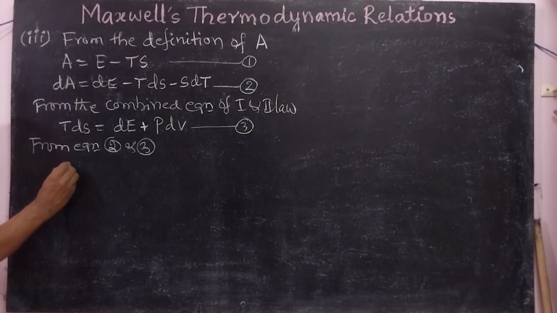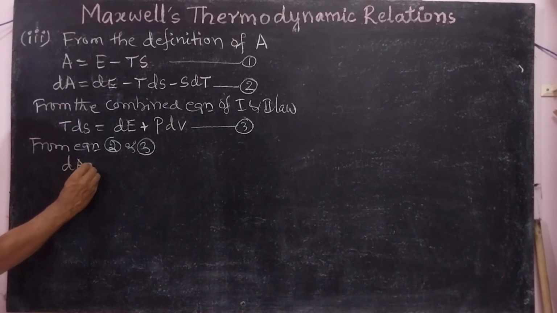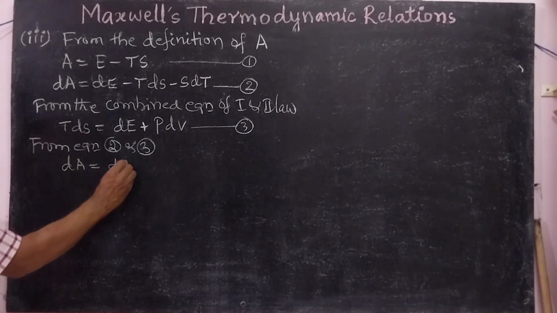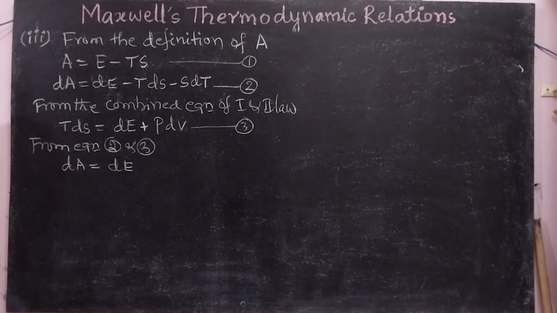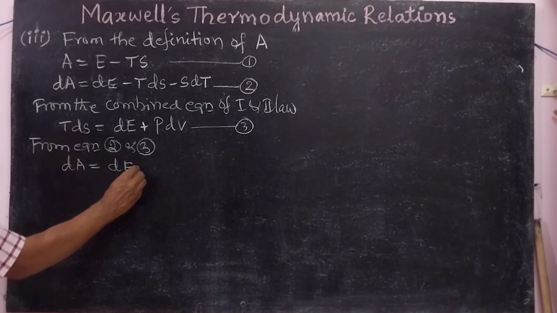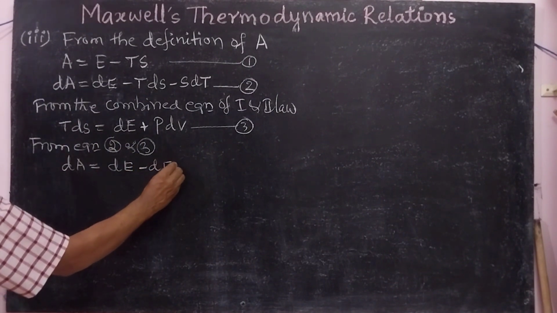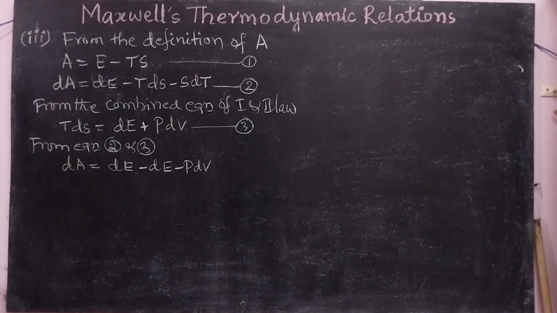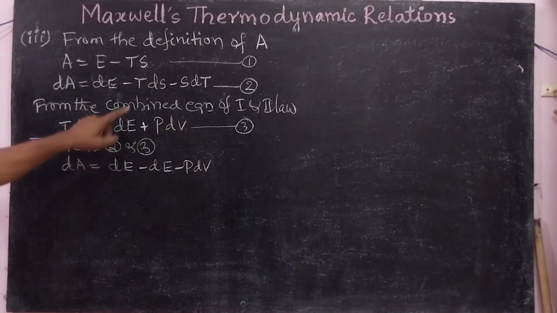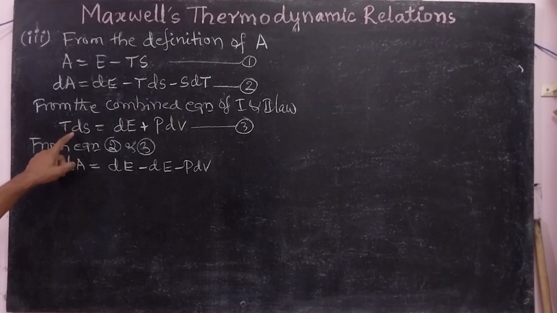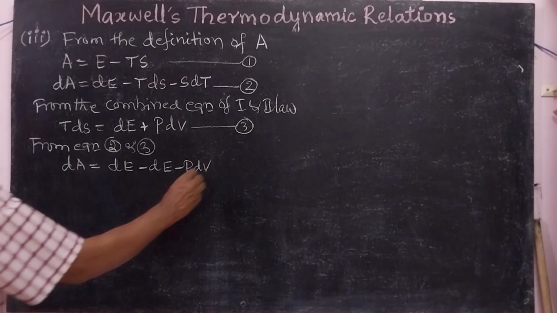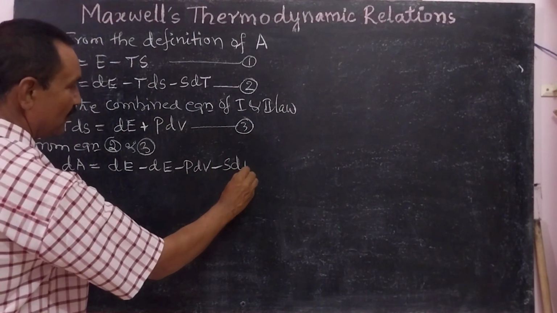Let us take equation 2, dA is equal to dE minus T dS minus S dT, where T dS means dE plus P dV.